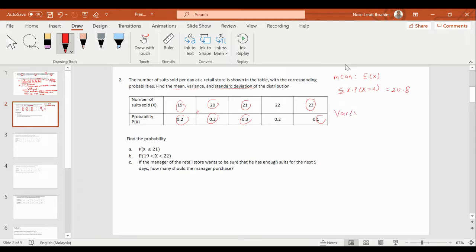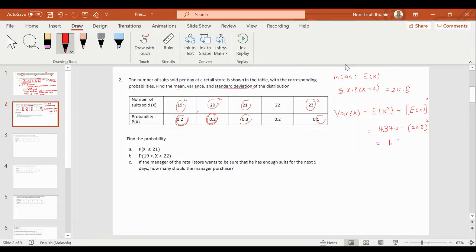And to get the variance, it will be E of X squared minus E of X, squared. And this will be E of X squared. You have to square first each of the X here. 19 squared multiplied with 0.2 plus 20 squared multiplied with 0.2 until 23 squared multiplied with 0.1, you will get here 434.2 minus 20.8 squared.